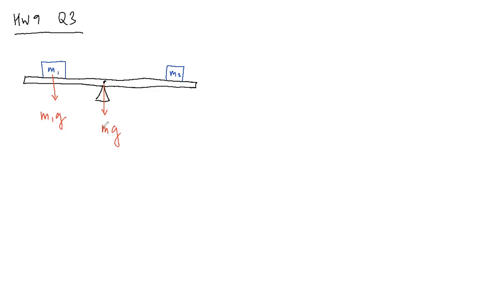And then for this guy, we have m2g. Since I drew arrows, I should probably have vector symbols over my variables there. So these are pointing downwards like that.